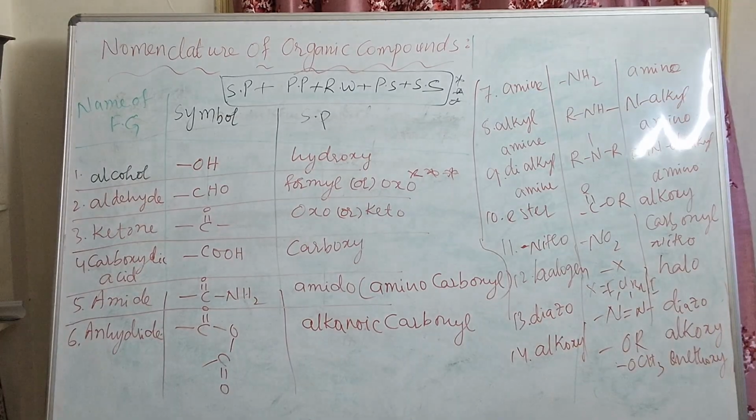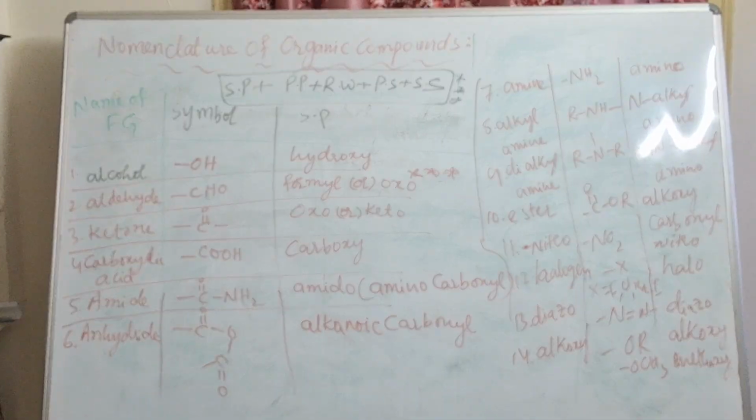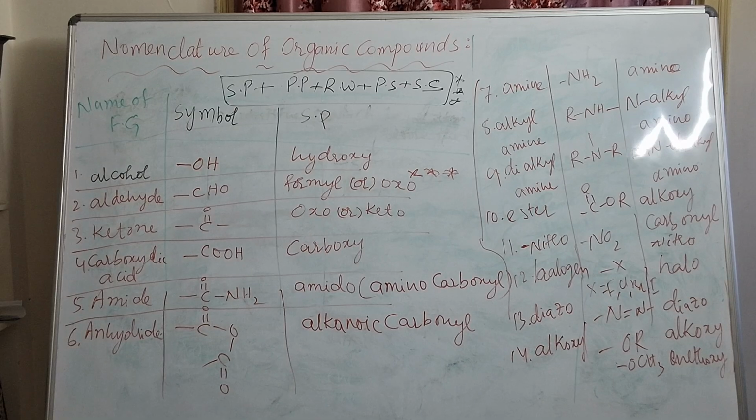Aldehydes, ketones, alcohols, carboxylic acids, amides, anhydrides, amine, alkyl amine, dialkyl amine, ester, nitro, halogen, diazo compounds, alkoxy compounds, we can say here.